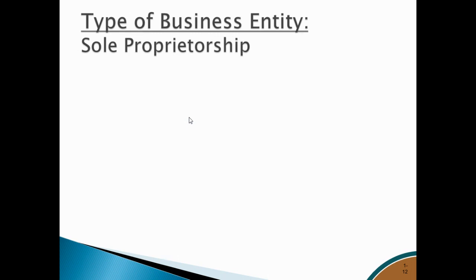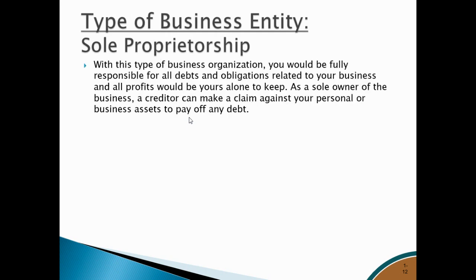The first one would be sole proprietorship. Sole proprietorship means a single person owns the business. With this type of business organization, you would be fully responsible for all debts and obligations related to your business.